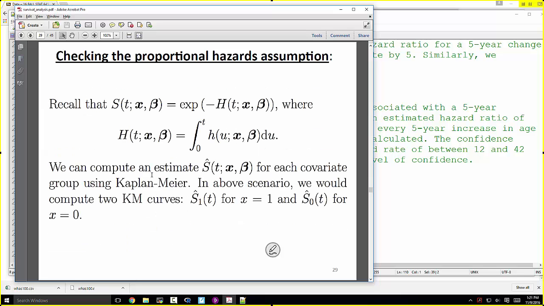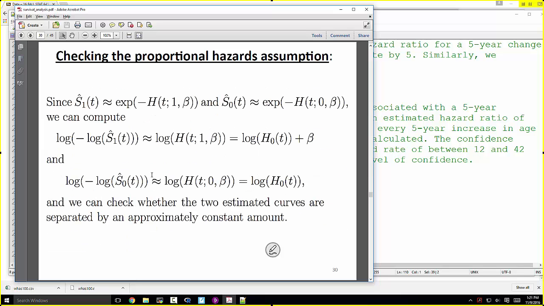So what we're going to do is create a picture that is kind of a diagnostic for whether this assumption looks reasonable.